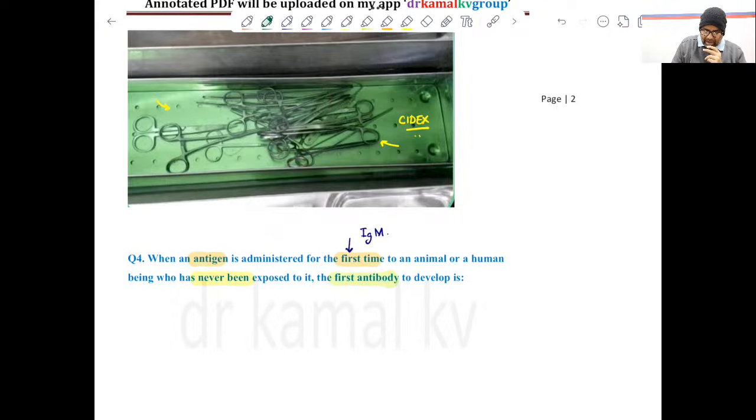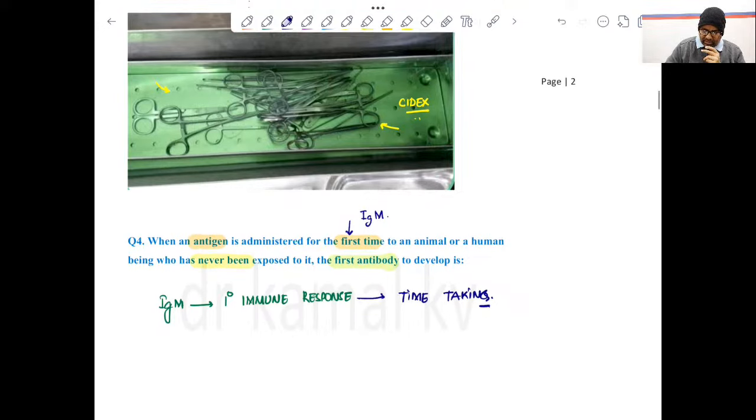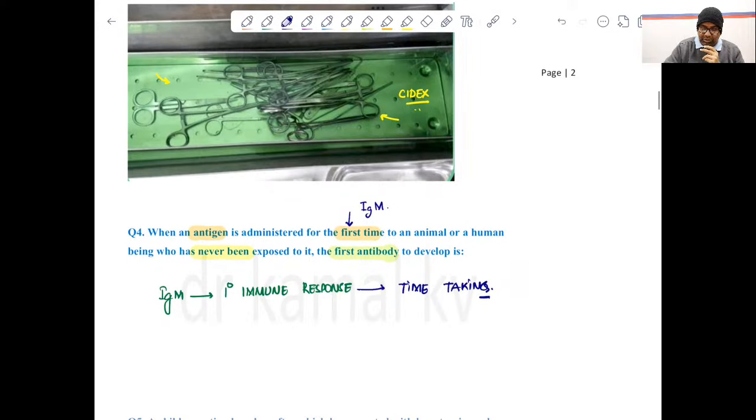So this IgM actually mediates the primary immune response. It means there is the very first exposure, and this immune response is time taking. It takes some time to generate the immune response.